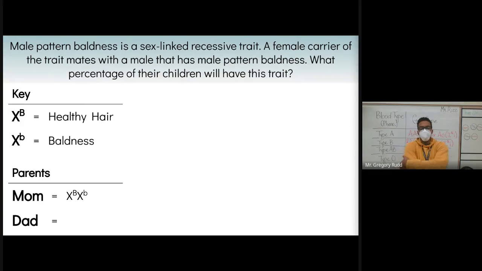And Breon, what information does it tell us in this sentence about the father? Do you see any information in the question about the father? He does have baldness. So what is his genotype?